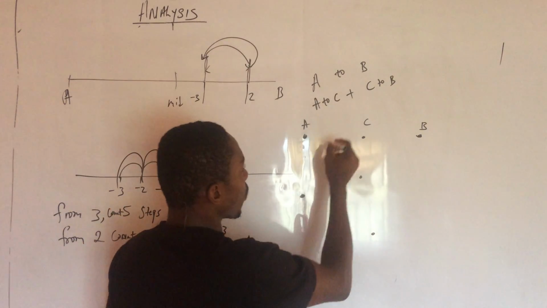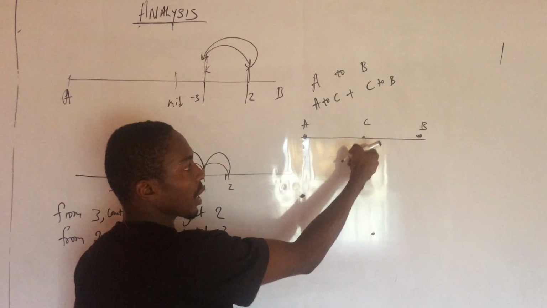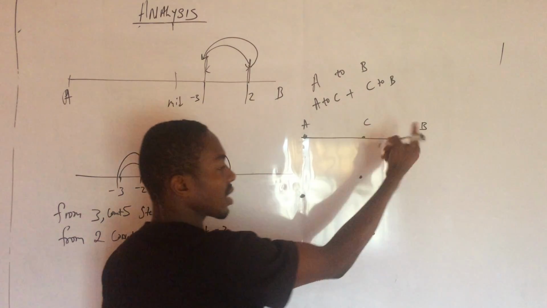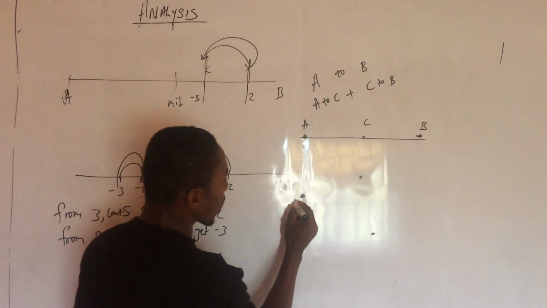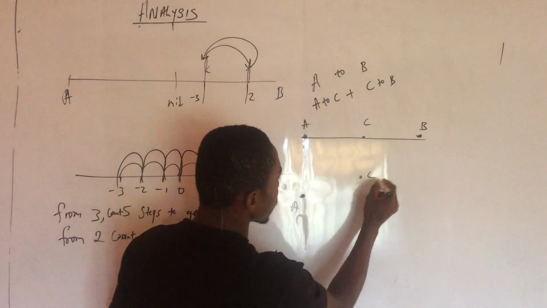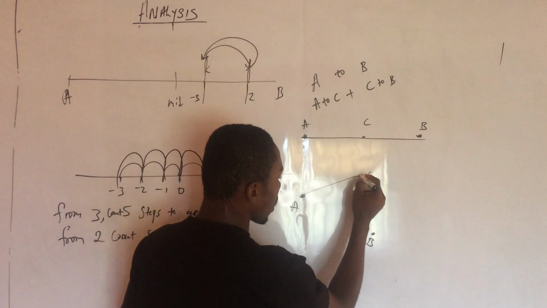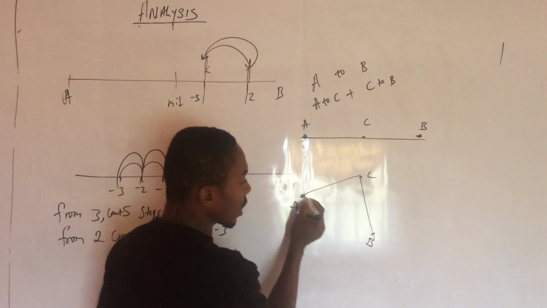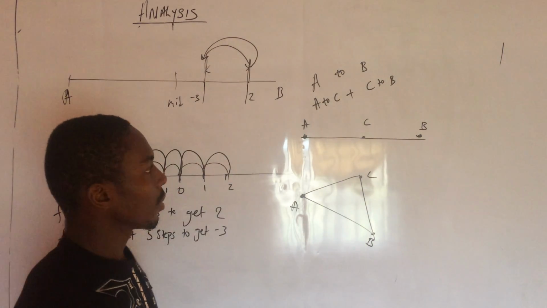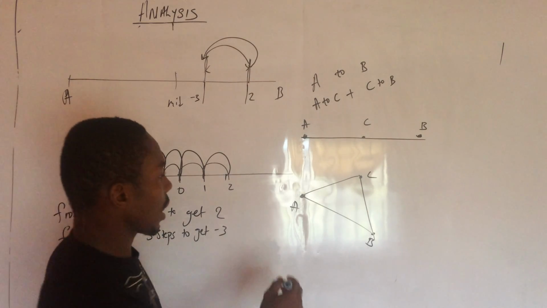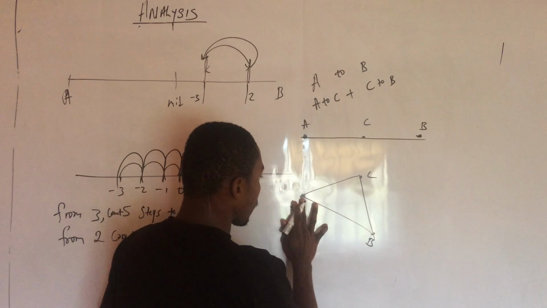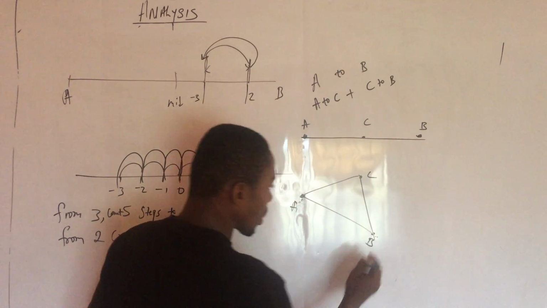Here, they are equal because they are on a straight line. So moving from A to C and from C to B is the same as moving from C to A to what? B. Now let's take that here is A, here is B, and here is C. The distance from here to here and here to here automatically is bigger than here to here. Do you see that? Just like, yes, I am here, my lecturer is here, and the classroom is here.